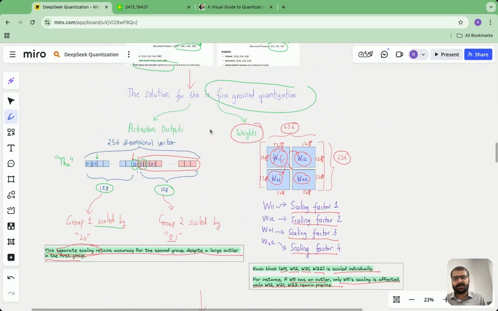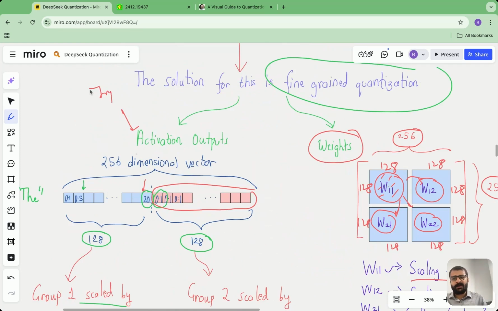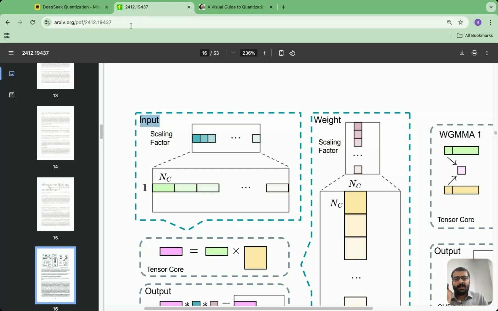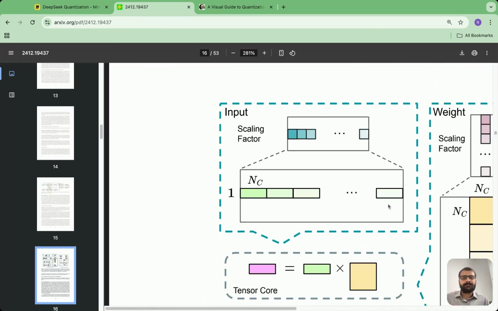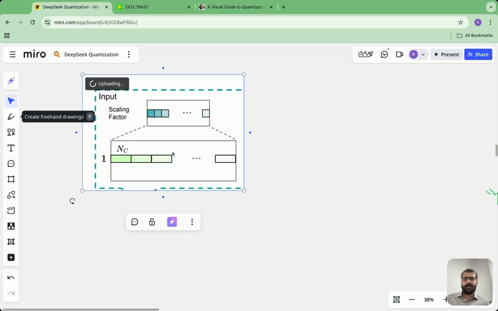This is the first case which I told you, the activation outputs, that they are calling inputs in the figure, because this is a vector and the vector will be multiplied by weights, which is a matrix. So this is the input and this is my weights, right? If this is my input vector, which is shown by the green color right now, actually, let me take a screenshot of this and bring it to the whiteboard so that I can explain it to you clearly.